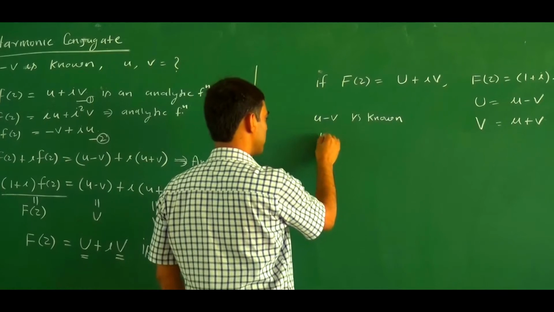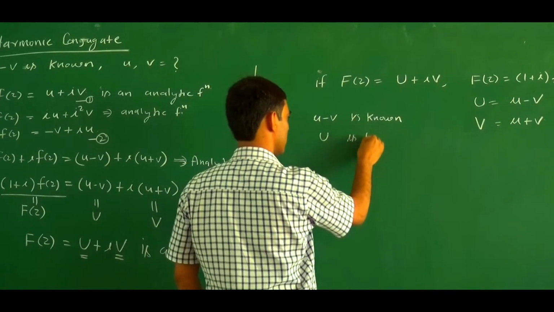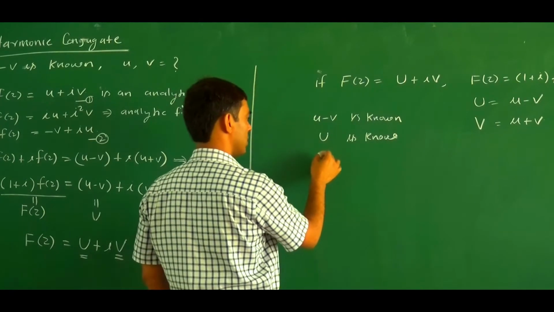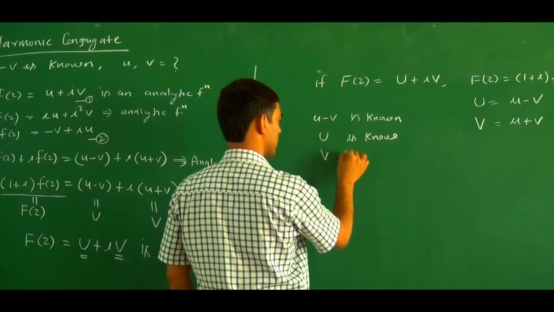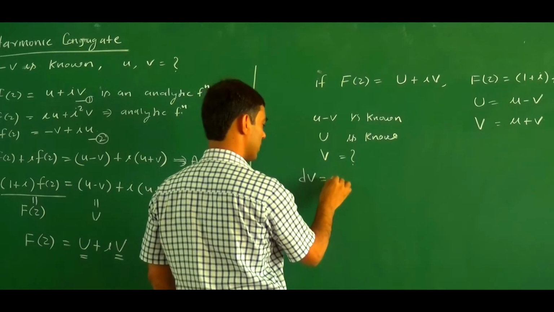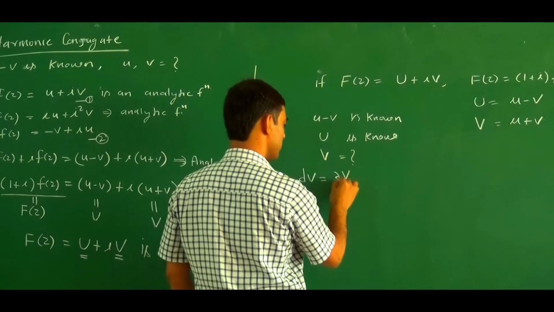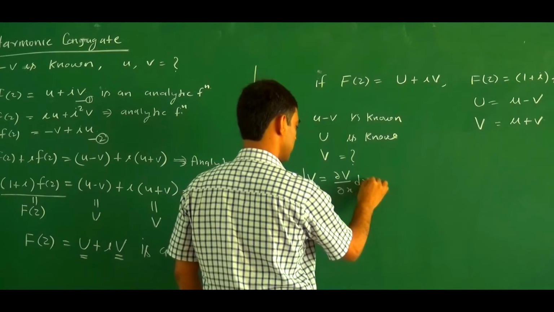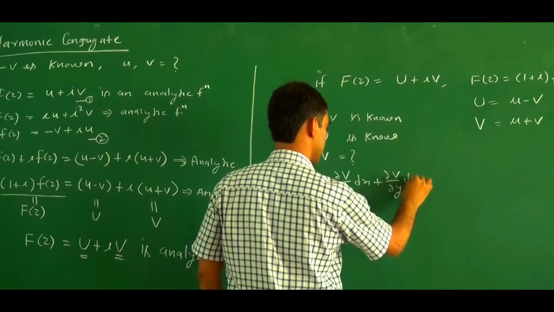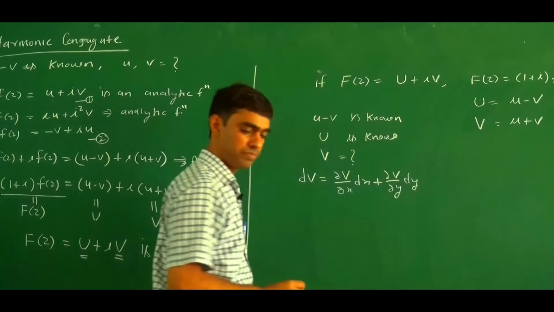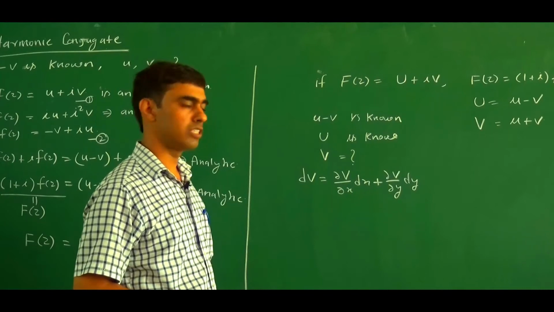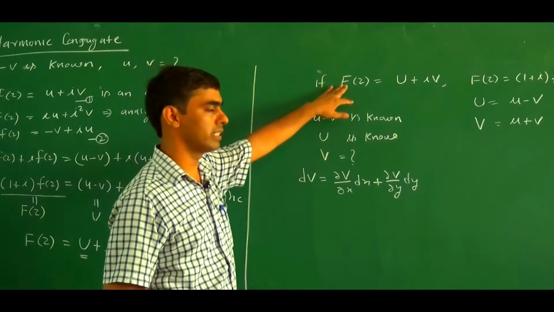then capital U is known. If capital U is known and we try to find capital V, then we first write dV equals del V upon del x dx plus del V upon del y dy. We replace del V upon del x and del V upon del y by the CR conditions, because this is an analytic function.